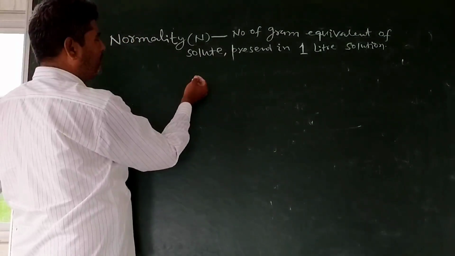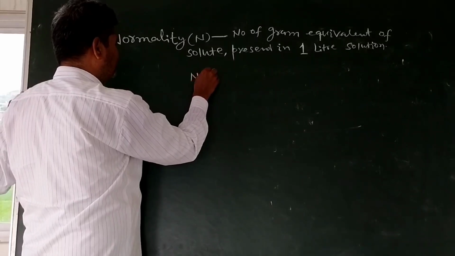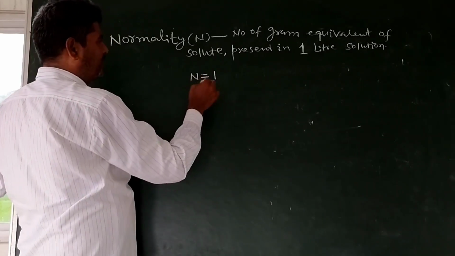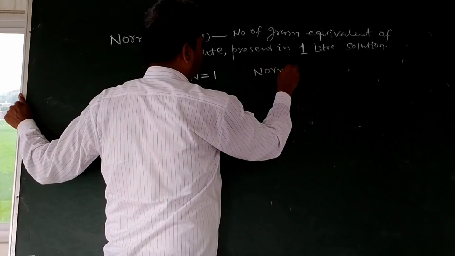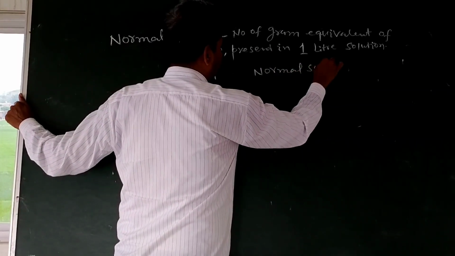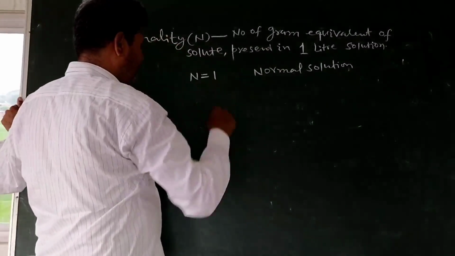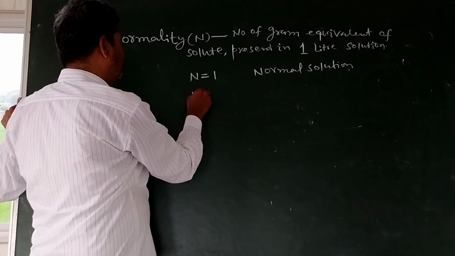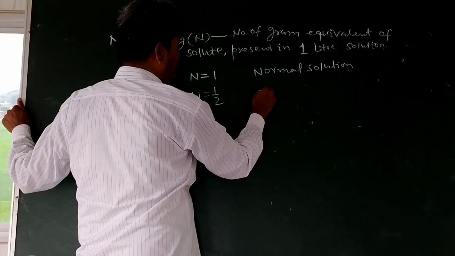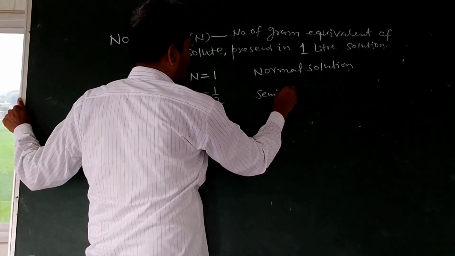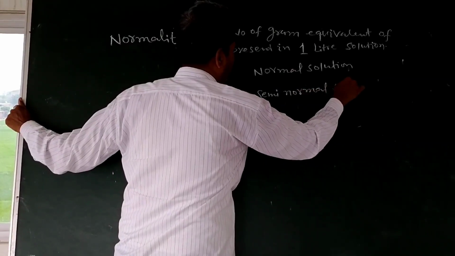If normality is 1, it is referred to as normal solution. If normality is equal to half, it is known as semi-normal solution.